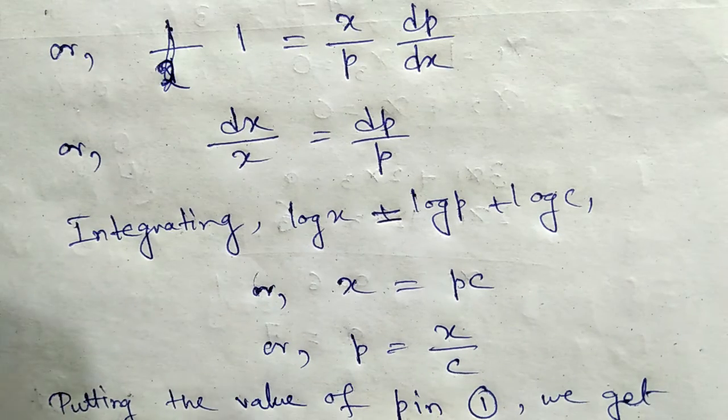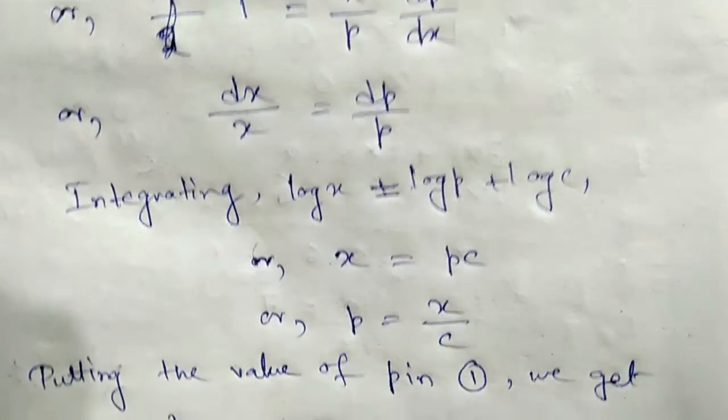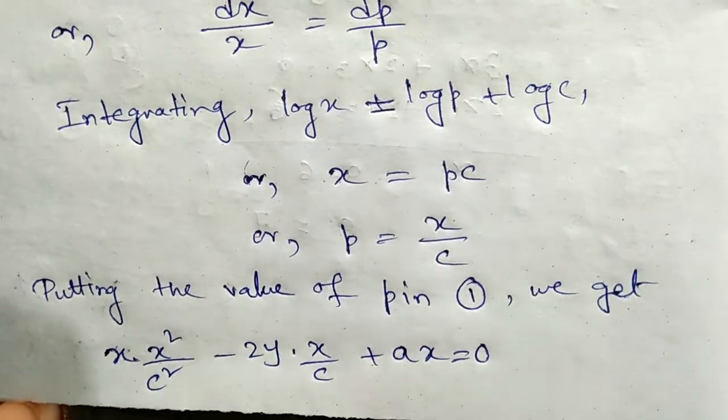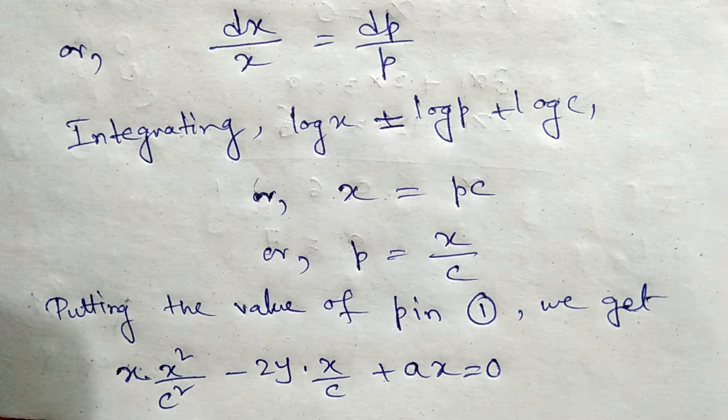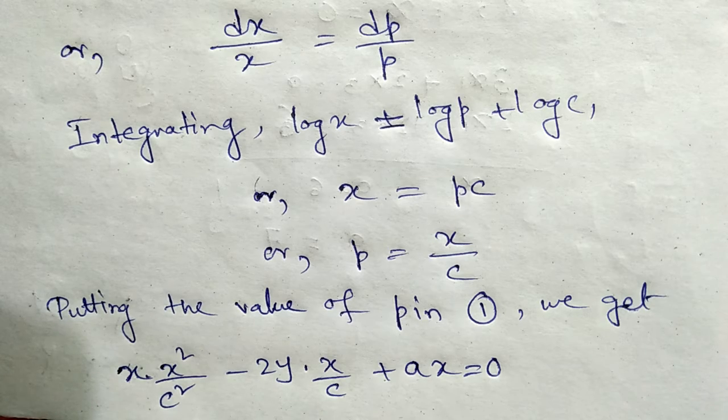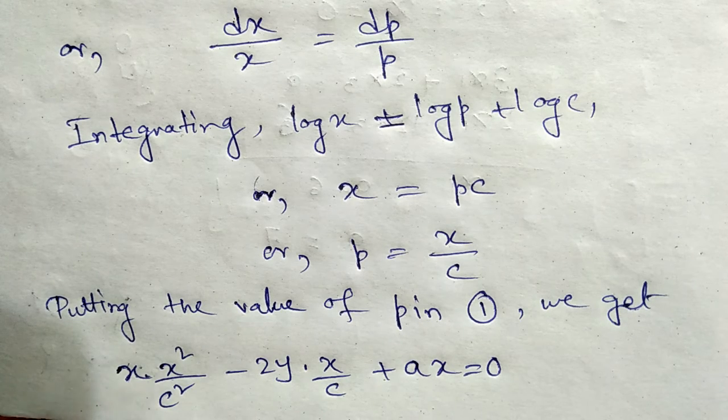So we put the value of p in the given equation 1, and then we get this as the general solution. In the general solution there is no p-related term. The general solution is written in terms of x, y and the arbitrary constant c.